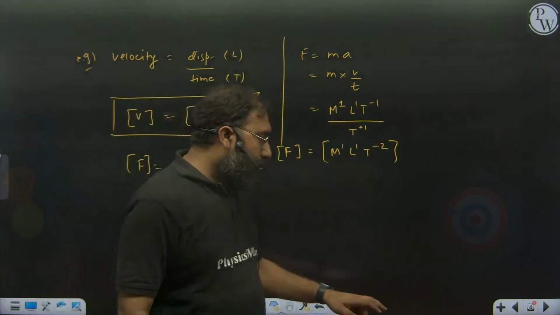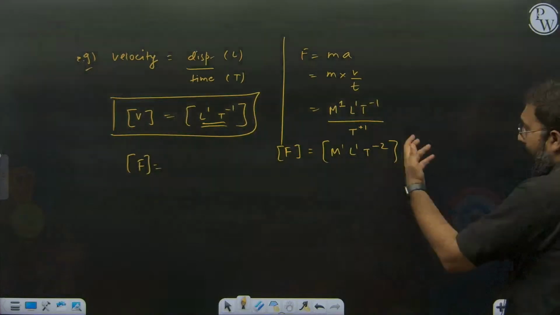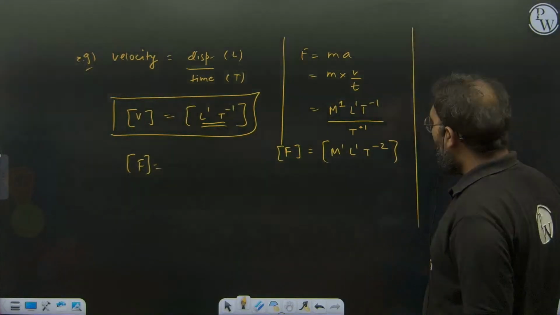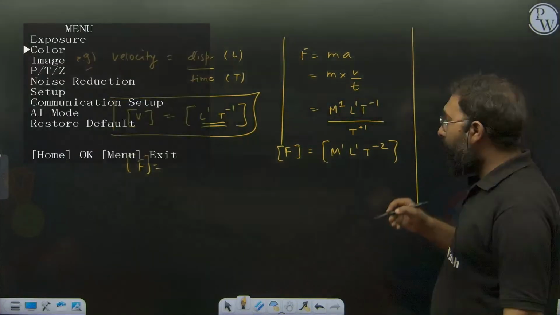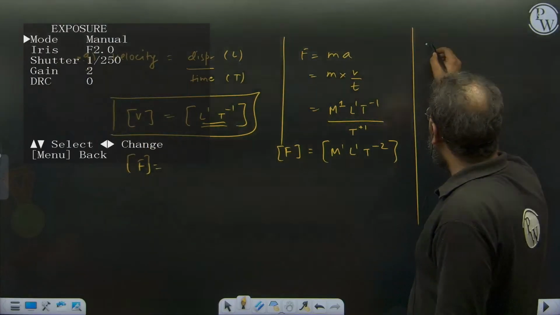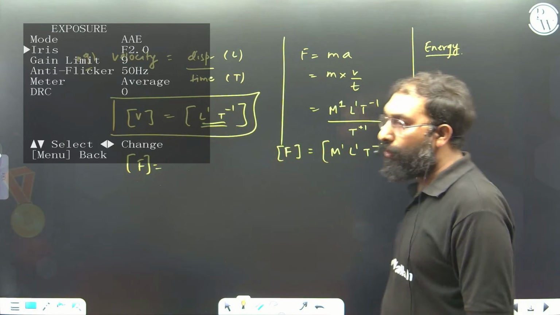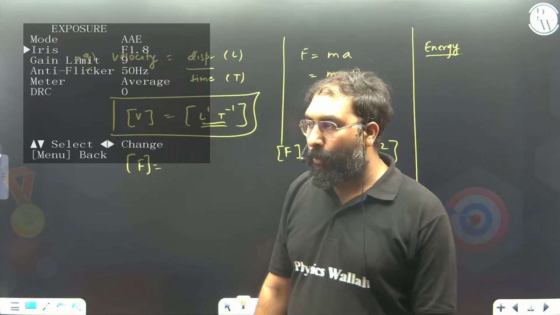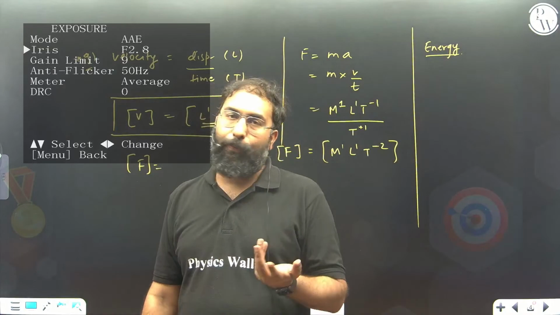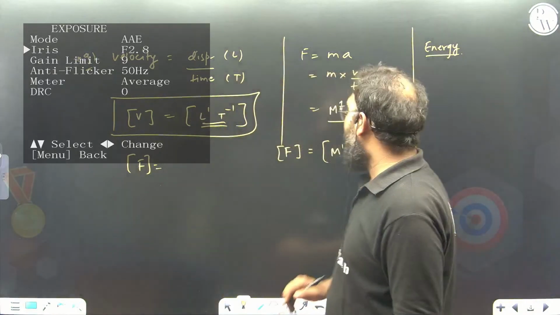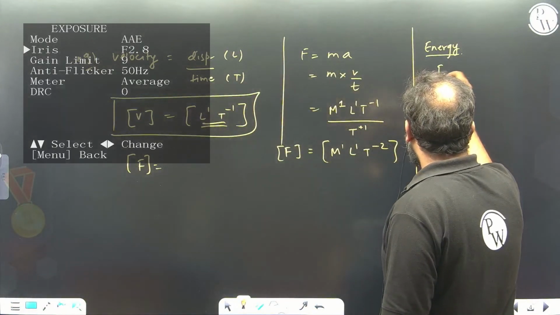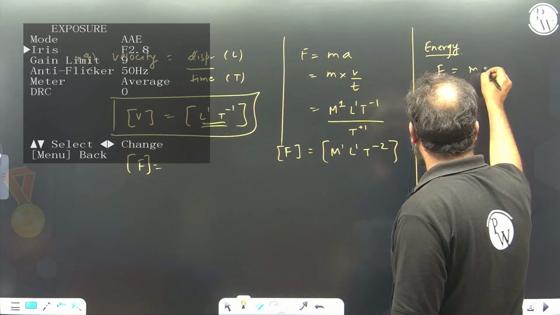I'll take one more example to make you understand how this concept works. If I take the example of energy, and you want to write down the dimension of the energy, then again you have to remember any one formula associated with it. So I just remember that potential energy is mgh, right?